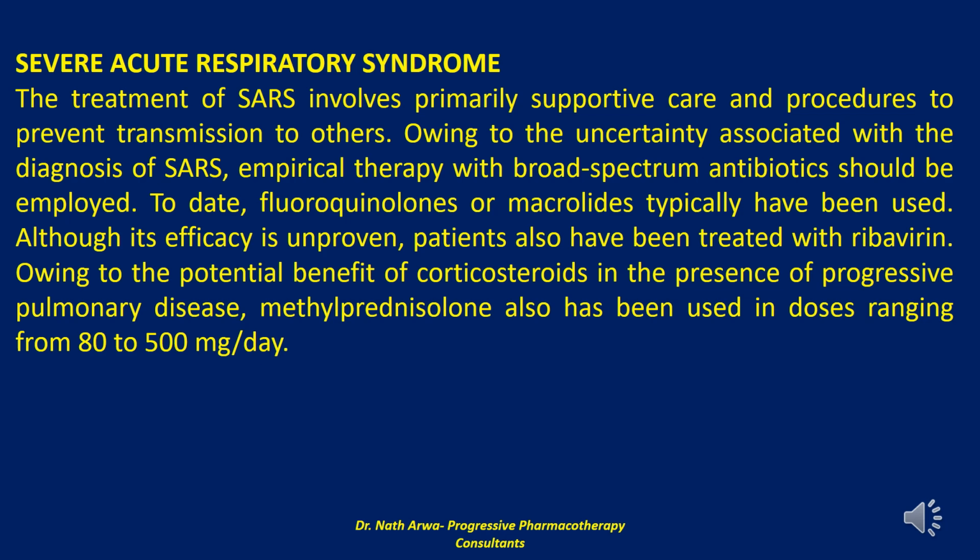To date, fluoroquinolones or macrolides typically have been used. Although its efficacy is unproven, patients also have been treated with ribavirin. Owing to the potential benefit of corticosteroids in the presence of progressive pulmonary disease, methylprednisolone also has been used in doses ranging from 80 to 500 mg per day.